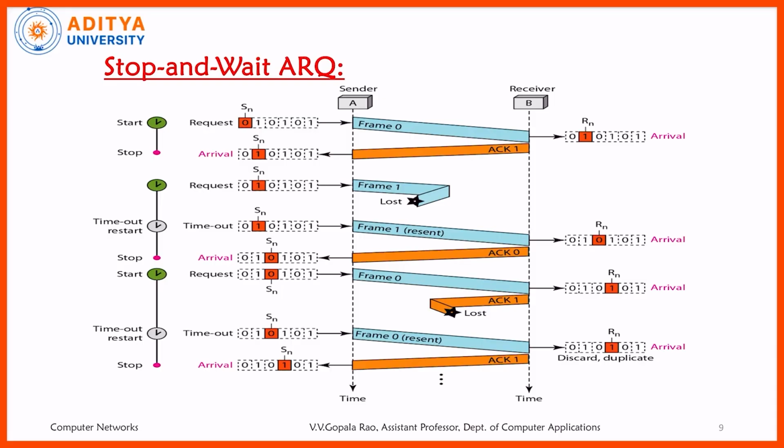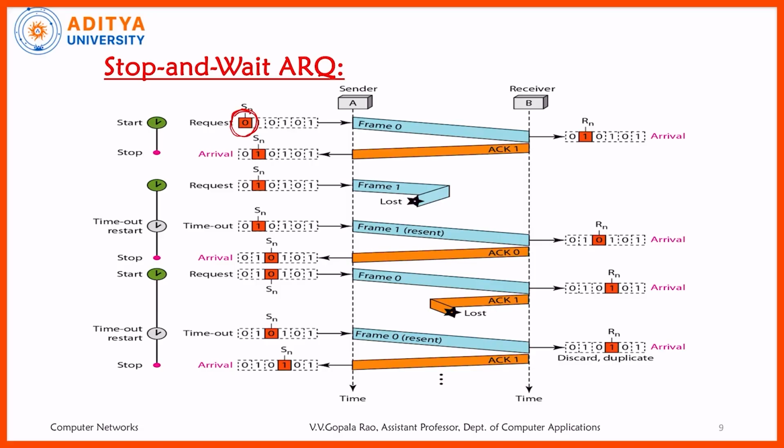This is the way the actual thing is represented. Of course, the timeline is shown here to estimate the timeout and also the in-time, whether the transaction is carried out or not. Based on that, the sender can take some other decisions. So let us start with a small example. Let us start with the sender initiating the job by taking the frame number 0 here.